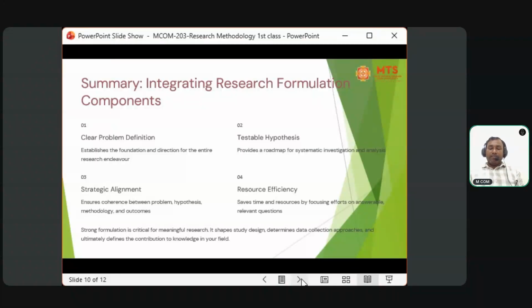Okay, this is the formulation of hypothesis.